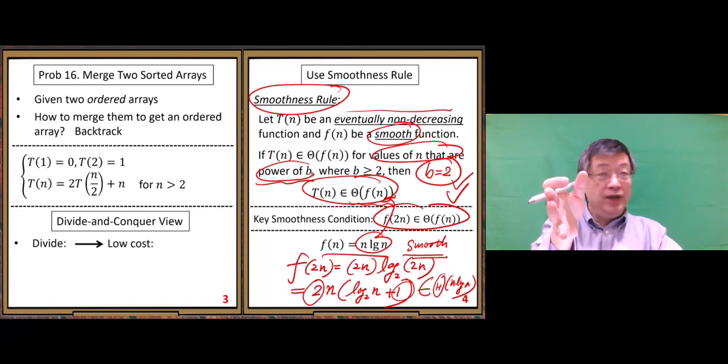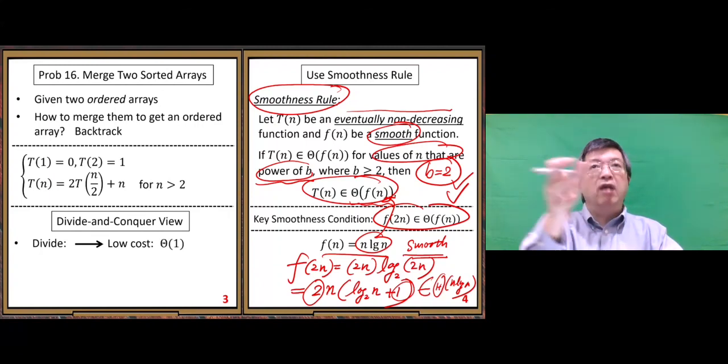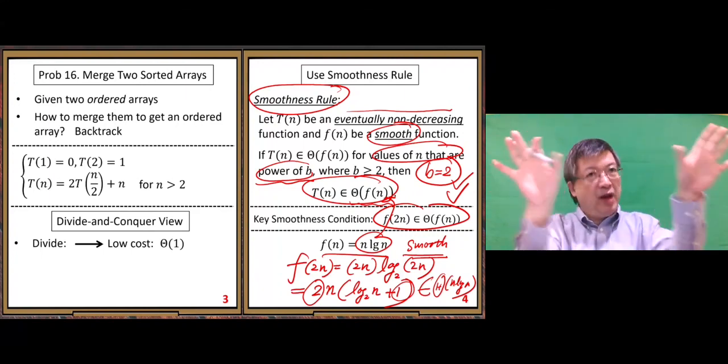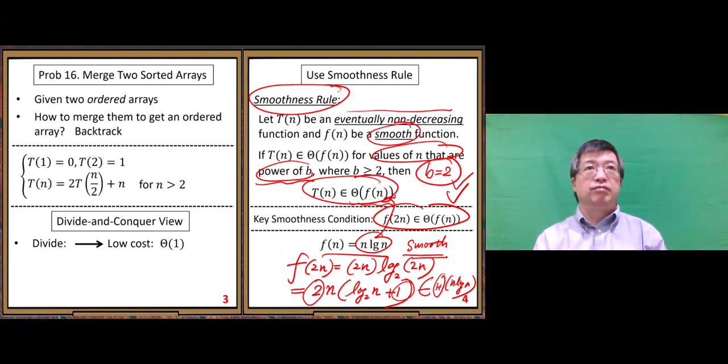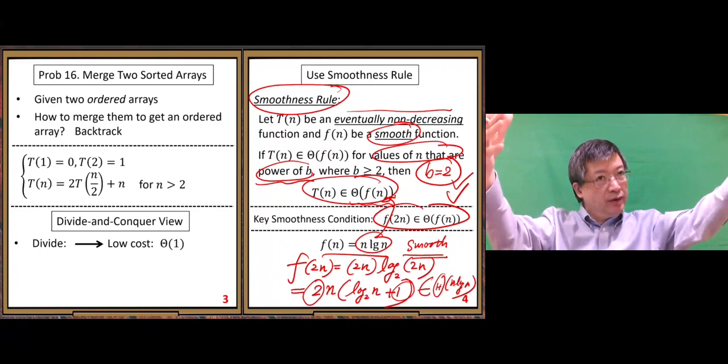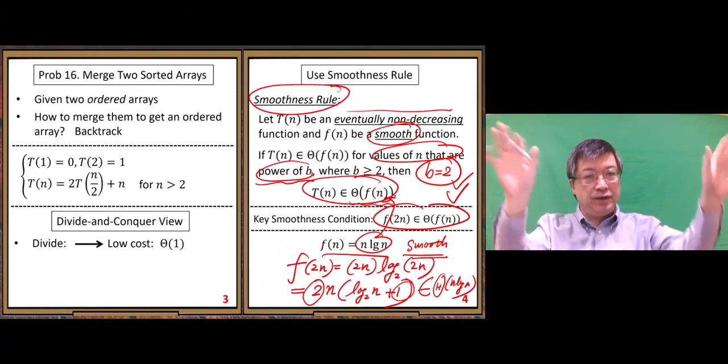That's very easy, so the cost is very low, specifically big theta of 1. We find a midpoint, and from there we call recursive functions on 2 subarrays.